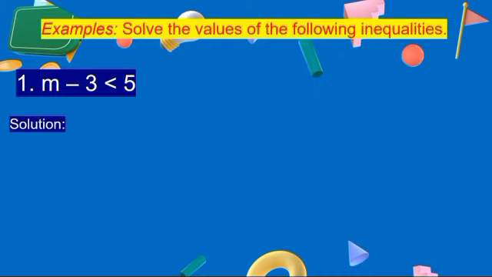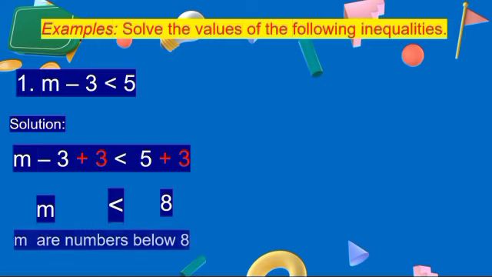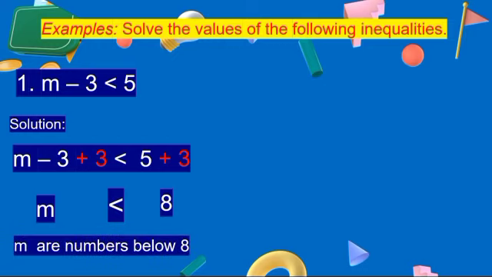So, what must be the value of m? So, m minus 3, we add to both sides positive 3. So, m minus 3 plus 3 is less than 5 plus 3 using the addition property of inequality. So, m is less than 8. So, ibig sabihin, yung mga values ng ating m are numbers below positive 8.